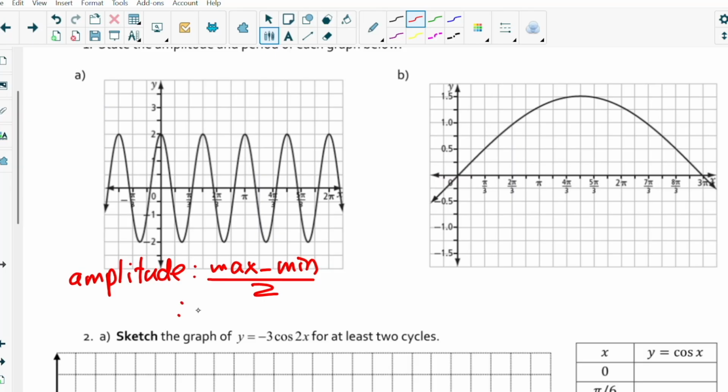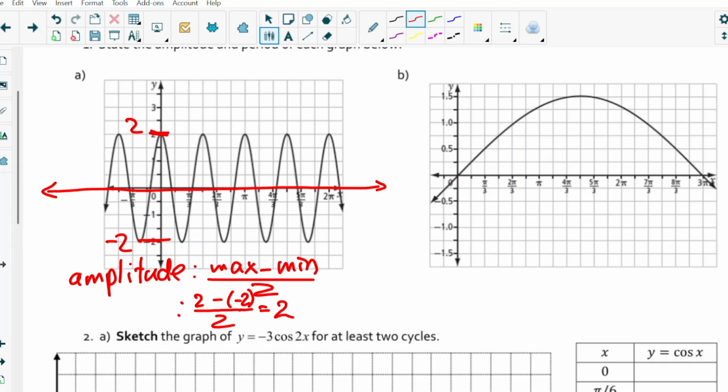The max value is 2, the min value is -2, about the horizontal central axis. The amplitude is the maximum vertical distance the graph of a sinusoidal function varies above and below the horizontal central axis of the curve. So that is 2 minus -2 divided by 2. That's 2 plus 2 is 4, divided by 2 is 2. So an amplitude of 2.